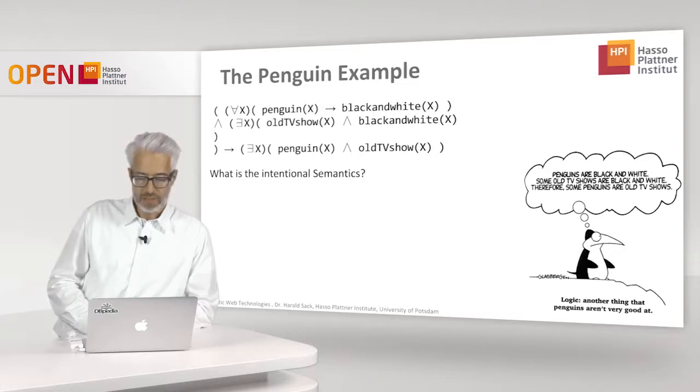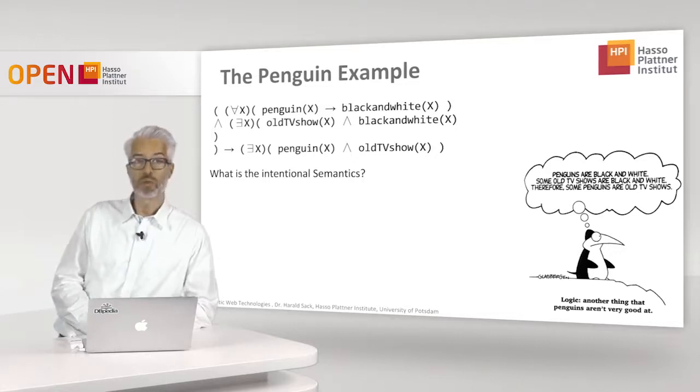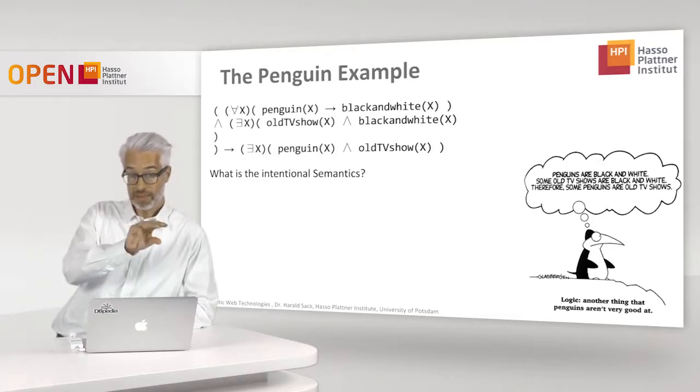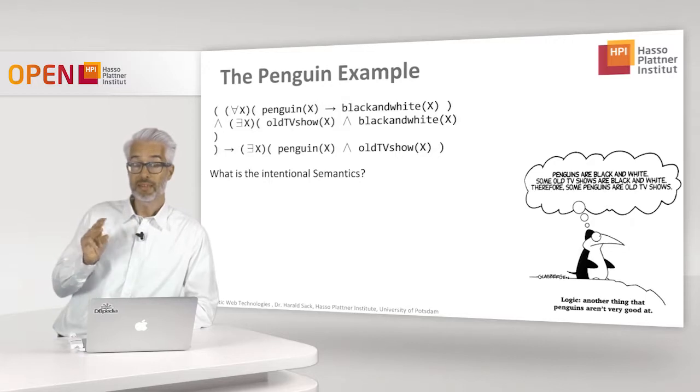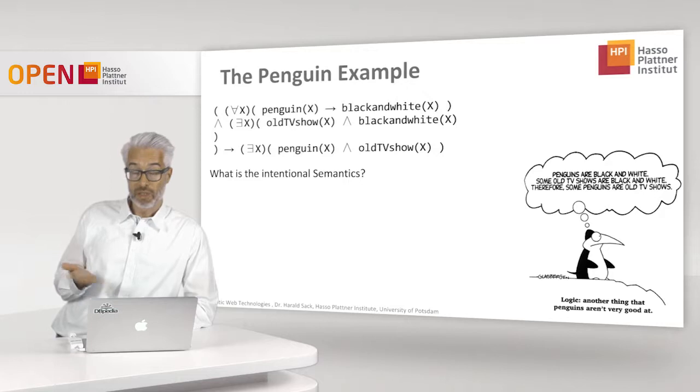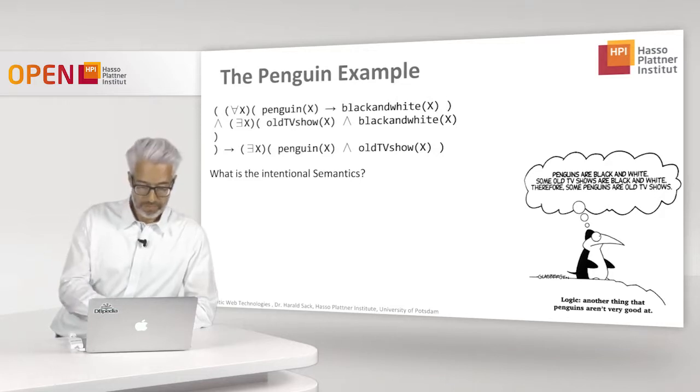So there exists an individual or variable x for which it holds that x is a TV show and at the same time black and white. And from that, we imply that there exists a variable x for which it likewise holds that x is a penguin and x is an old TV show. Is this really possible?